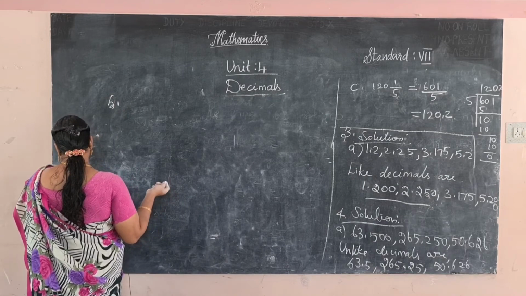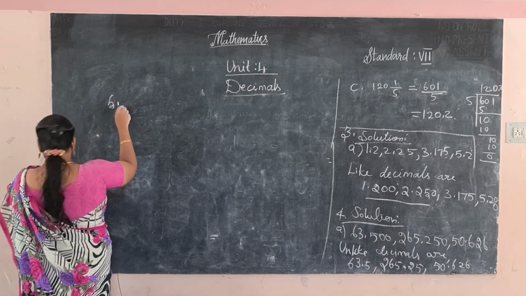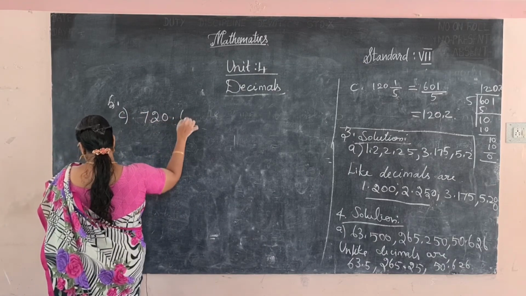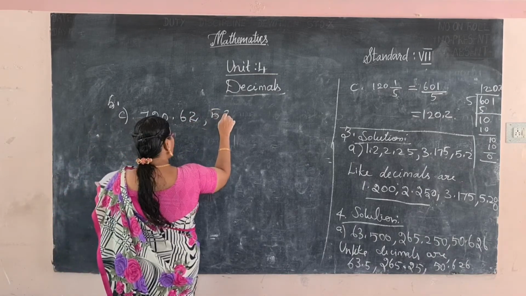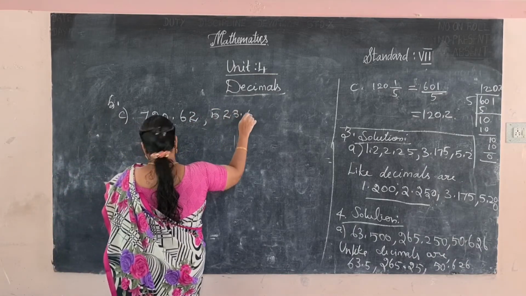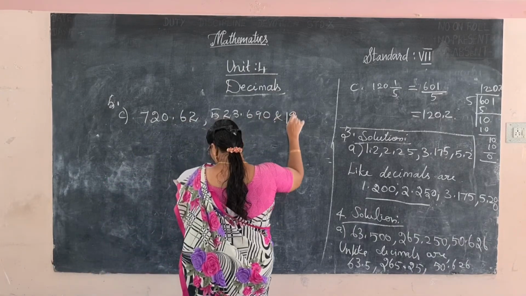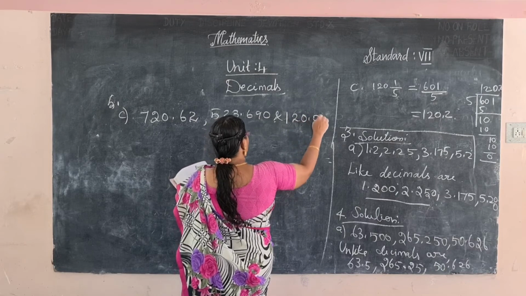Add the following. First, A and B are homework. I will do the C problem. 720.62 and 523.690 and 120.007.